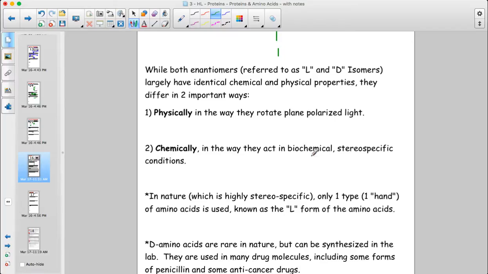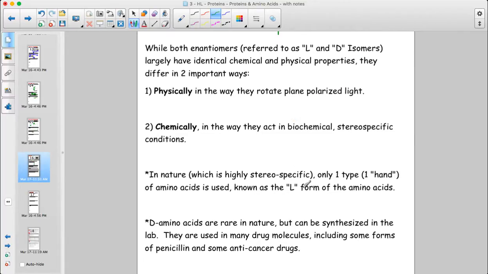Now, what's really cool about biology and biochemistry, and amino acids in general, related to this topic, is that while both isomers are possible, and both can be made in the lab, in nature only one type of the amino acid is ever found in humans, and that's what they call the L form.